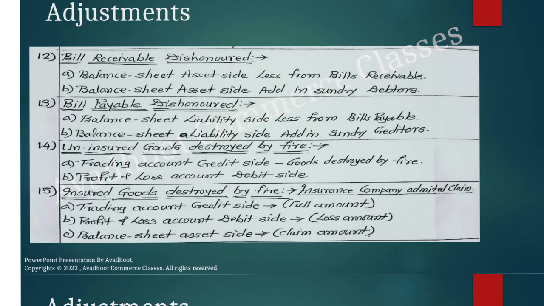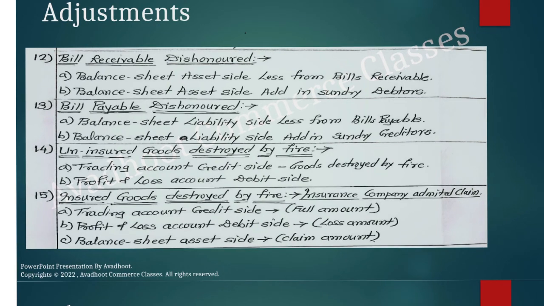Now, the 12th, our next adjustment is bills receivable dishonored. Whenever the word receivable is there, it means we are writing bills receivable on the balance sheet asset side. Whenever it is dishonored, our bills receivable is going to be reduced, and that's why it is to be deducted from the balance sheet asset side, less from bills receivable.